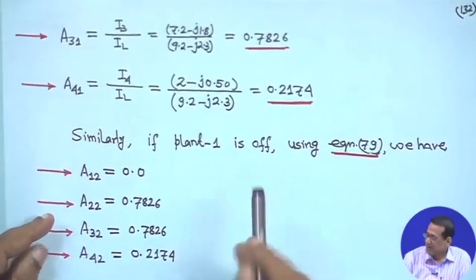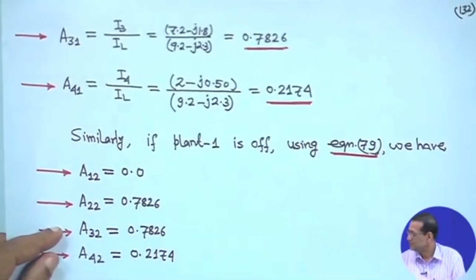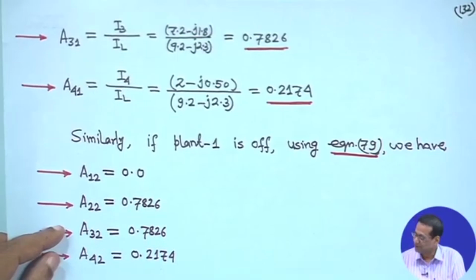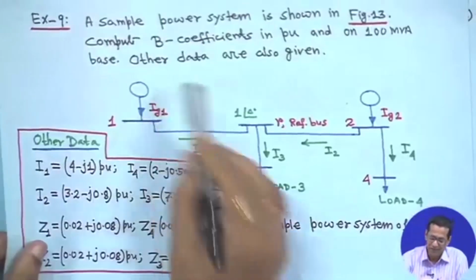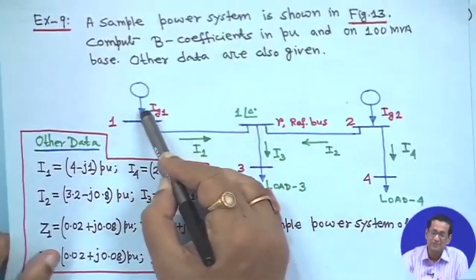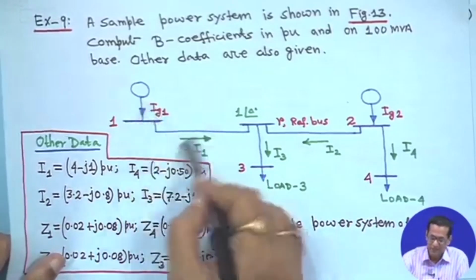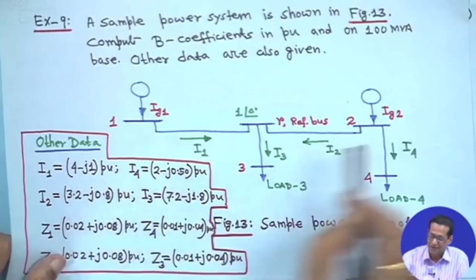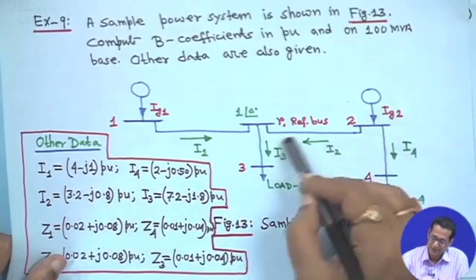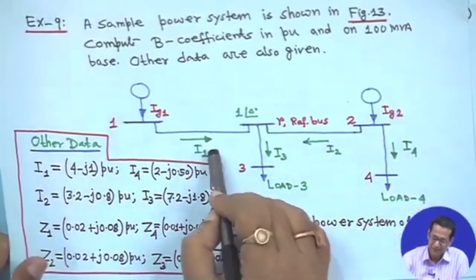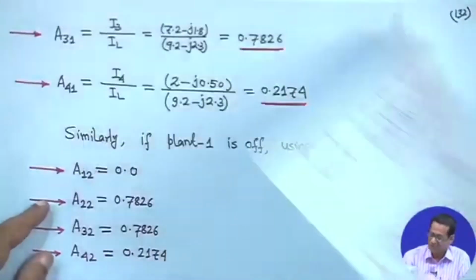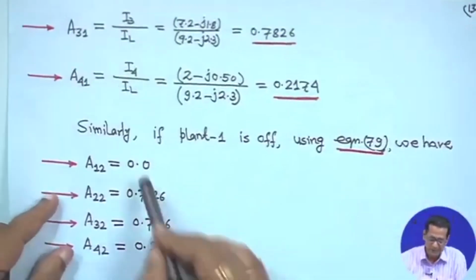Similarly, if plant 1 is off, you can do this on your own. As soon as plant 1 is off, no current will come from the generator, so I 1 will become 0, and plant 2 is this one. All other current directions will remain the same, but I 1 will become 0, that is why A 1 2 is 0.